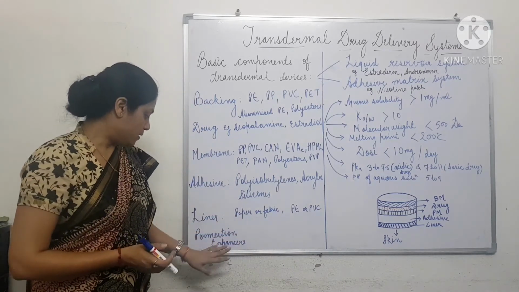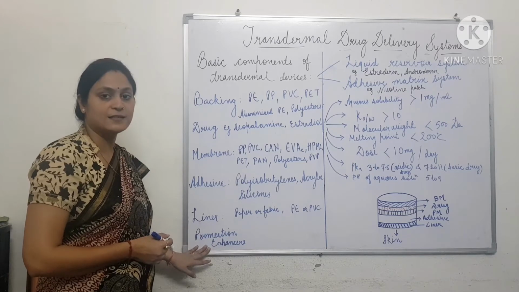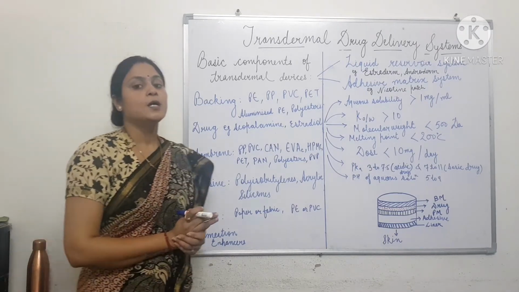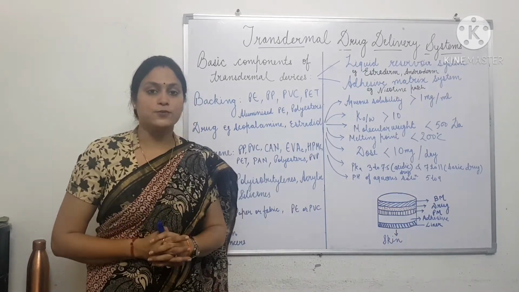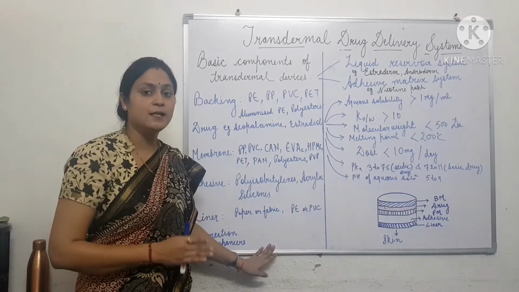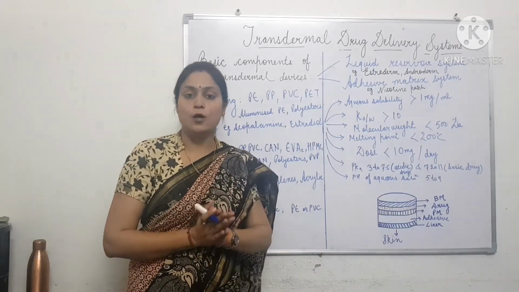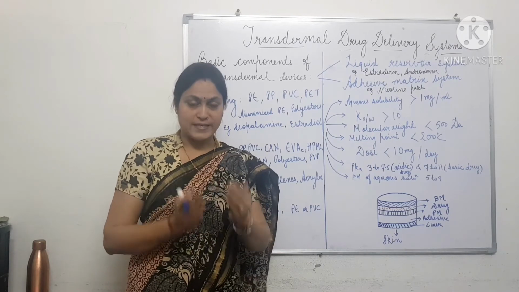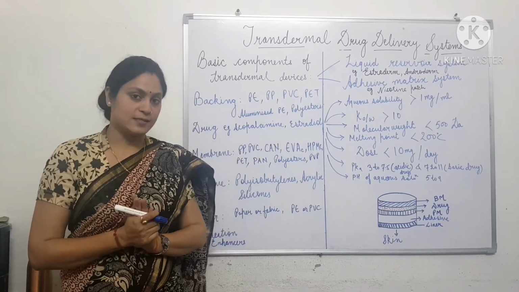Now, apart from these basic components, permeation enhancers are also added in the formulation of transdermal patches to enhance percutaneous absorption. These permeation enhancers we have already studied in detail. They could be solvents such as ethanol, which is a basic integral component of many marketed transdermal patches.